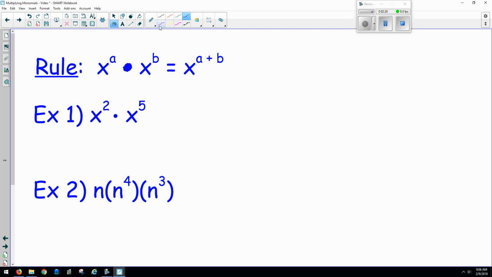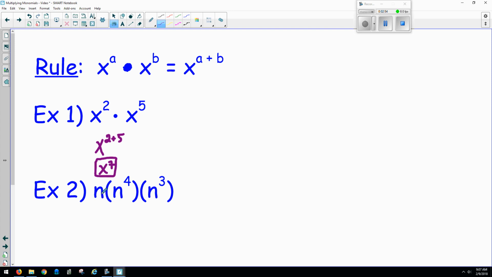So what does that mean? That just means that we're going to add the exponents together. So instead of writing it all out, we're just going to add the exponents. If we take a look at our first example from the other page, we're just going to do x, and we're just going to add the two exponents together. And you'll see that we still get x to the 7th, just like we got in the last page.